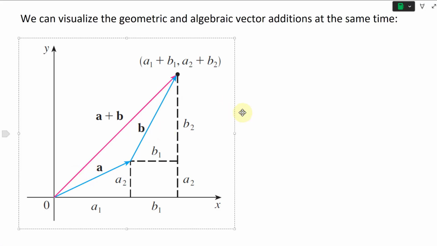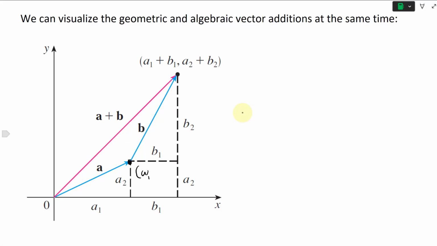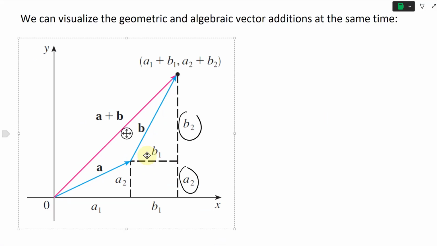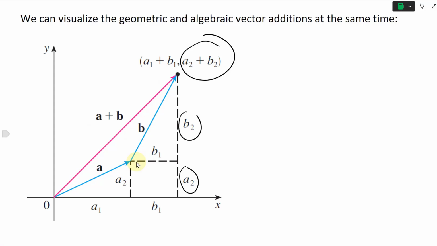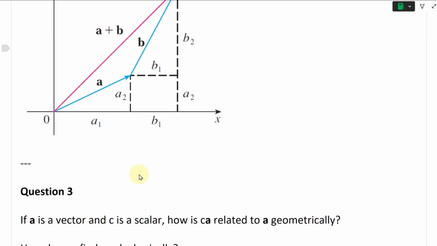So the coordinates of this A are A1 and A2. The x is A1 and the y is A2, and here you can see that visually. So there's A2, B2, that's the y component, and then the x component A1, B1. Just epic stuff there. All right, let's continue further.